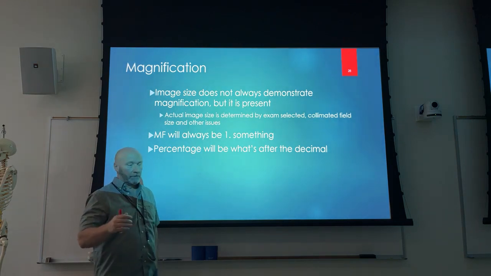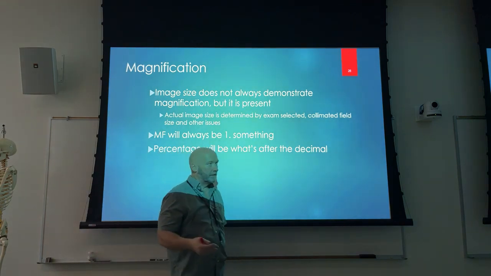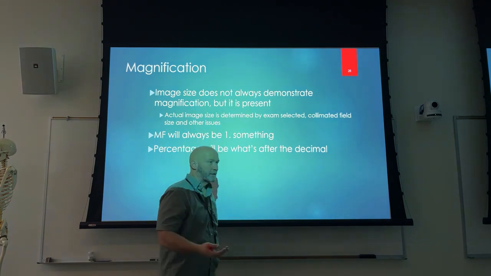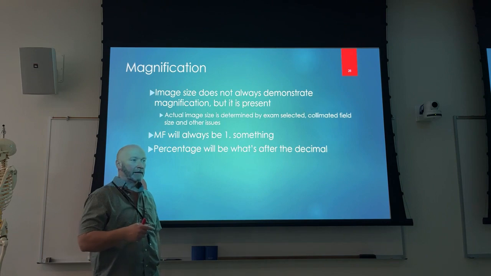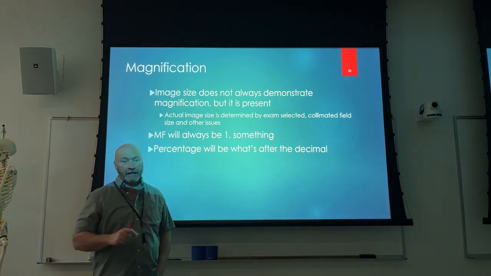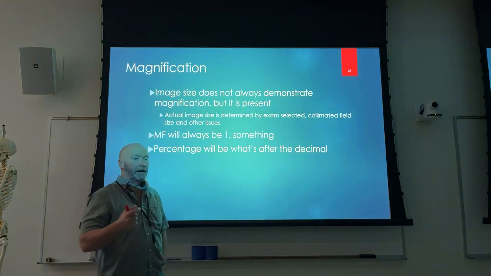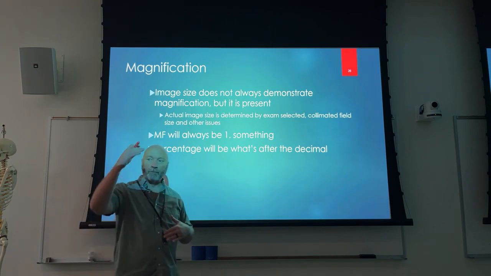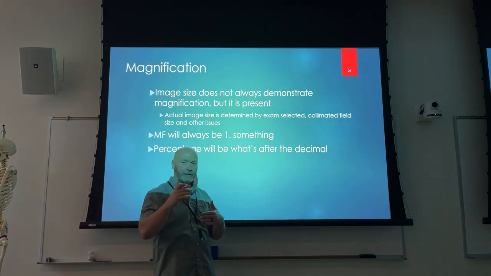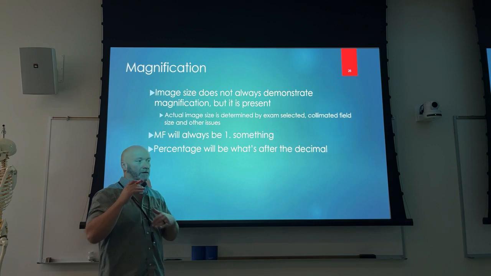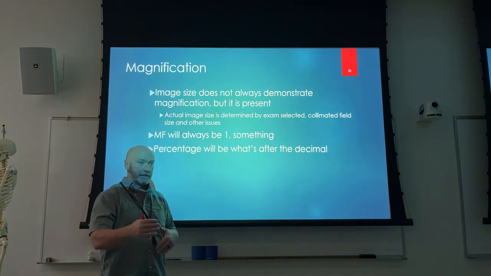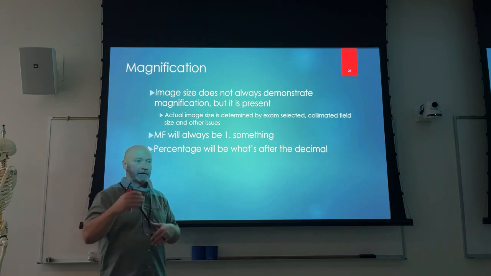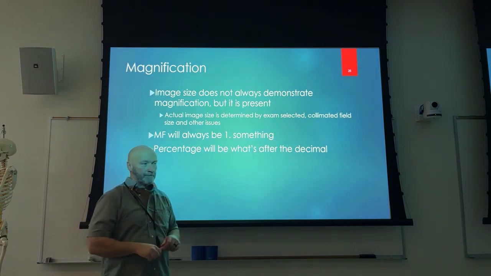Okay? So an unexpected consequence of lack of collimation now becomes display size. You don't have a problem with magnification, you have a problem with minification on your image display. The recorded image remains the same, but what you're going to see on your screen is something very, very small.